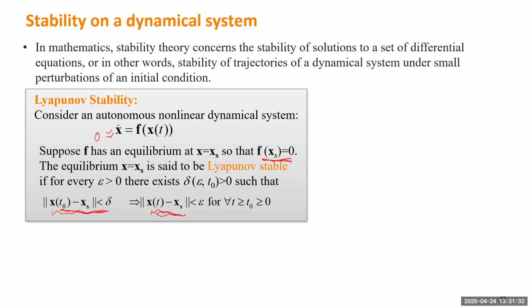No matter how small an epsilon you give, I can always find the delta. I only need to make the system's initial state close enough to the equilibrium, within the distance of delta, and it will never go outside of epsilon. So that's the definition. If this is true, that equilibrium is called a stable equilibrium. And after some perturbation, the system can safely transition to this stable equilibrium. We can see this trajectory to be stable.